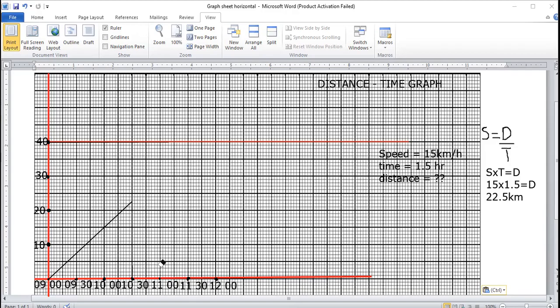When we wait for 30 minutes, it means that the person is in a still position till 11, and we are having a distance time graph. In a distance time graph, a still position means a horizontal straight line. So this will be your line till 11.